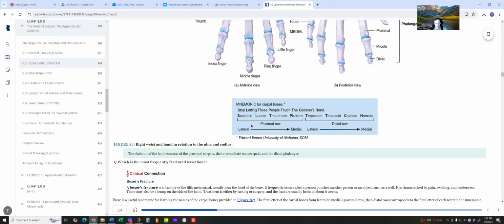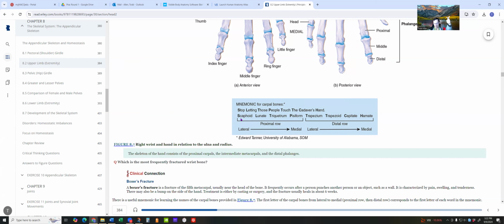And here we have the mnemonic. Stop letting those people touch the cadaver's hand. Notice the mnemonic is ordered by the proximal and distal rows of bones, which I just tried to highlight for you in Visible Body.